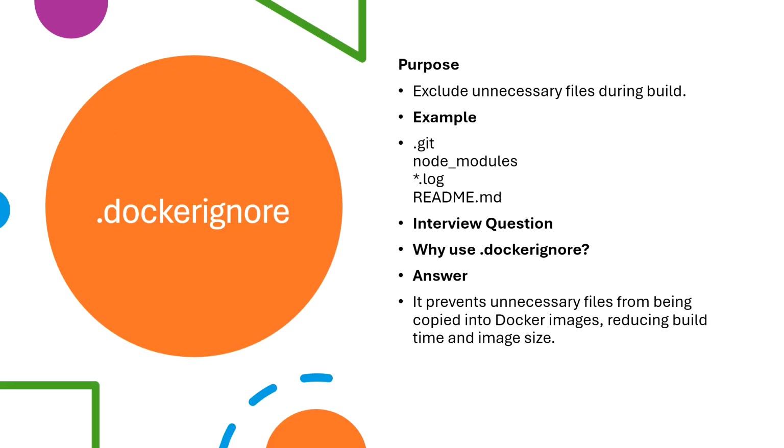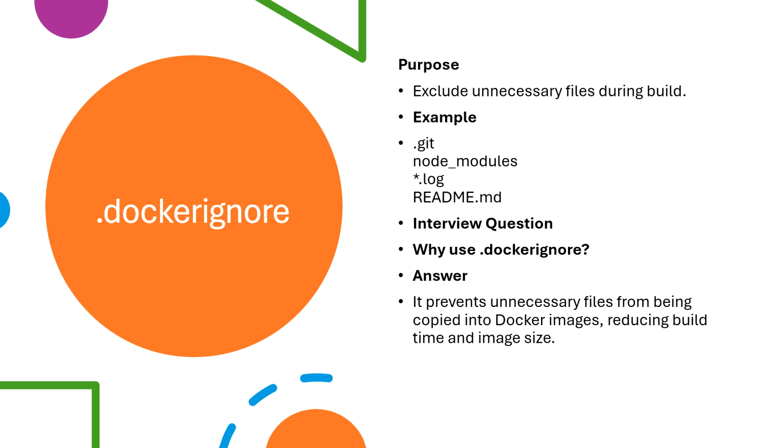Now, why is dockerignore used? Let's talk about it. Dockerignore works similarly to gitignore, if you have come across git. It prevents unnecessary files from being copied into the Docker build context. Common examples are .git, node_modules, log files, and readme files.